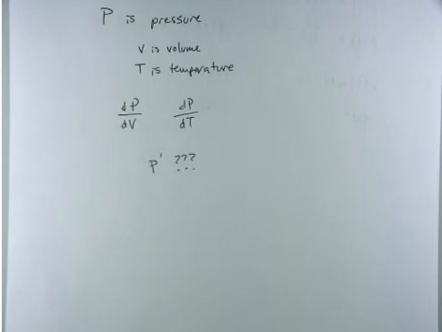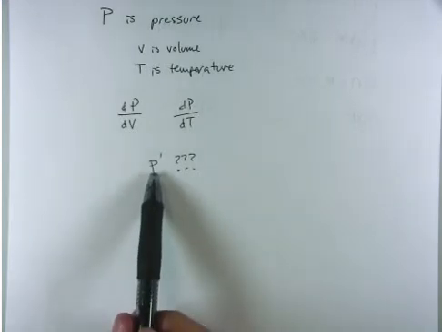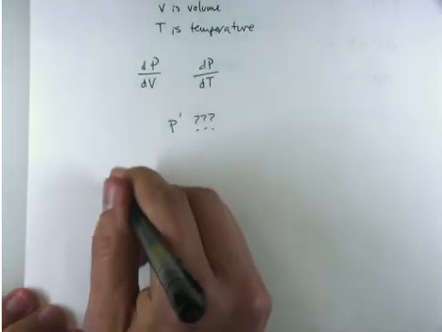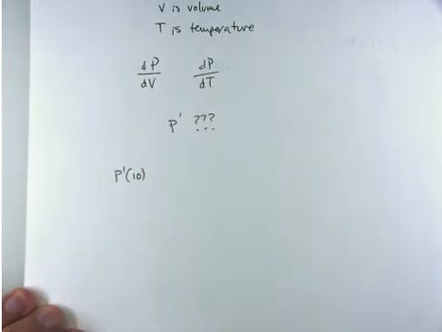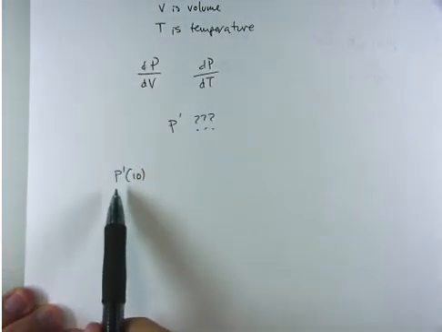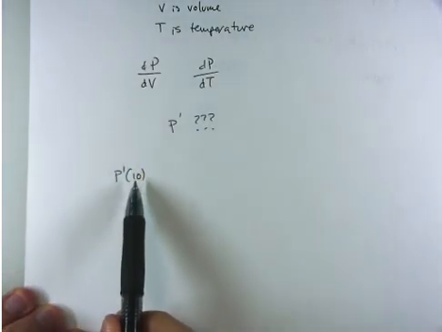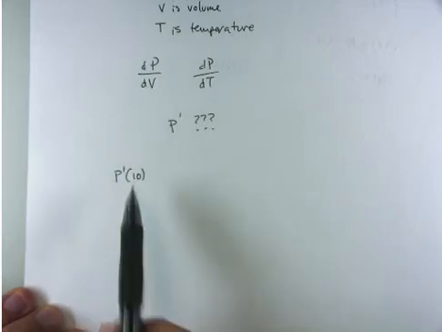Where the prime notation has it over the Leibniz notation, though, is ease of writing. P prime is a lot easier to write. Also, saying something like P prime of 10 tells me I'm interested in the rate that P is changing when the input is 10. That's very nice.